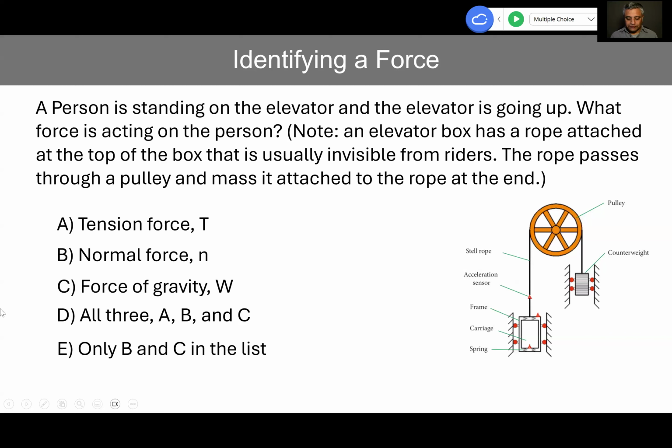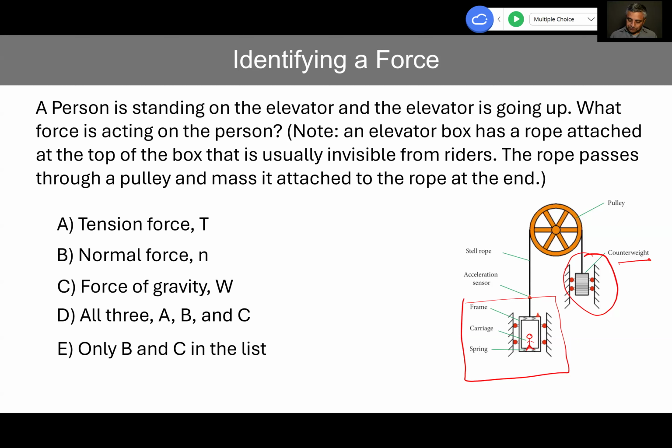So now, here is a question for you to identify force. Yeah, so this is an elevator. Compared to the size of the elevator, the portion may be very small. Okay, so let me draw a little bigger portion here. Okay, so the portion is here. The elevator, we only see this, but the elevator has this rope going there, passing through this pulley, and there is a mass on the other side called the counterweight.